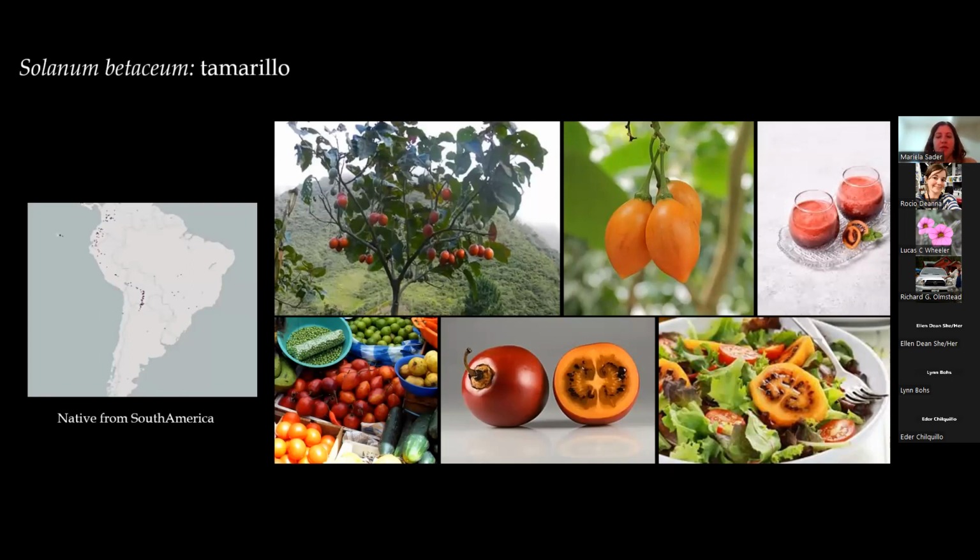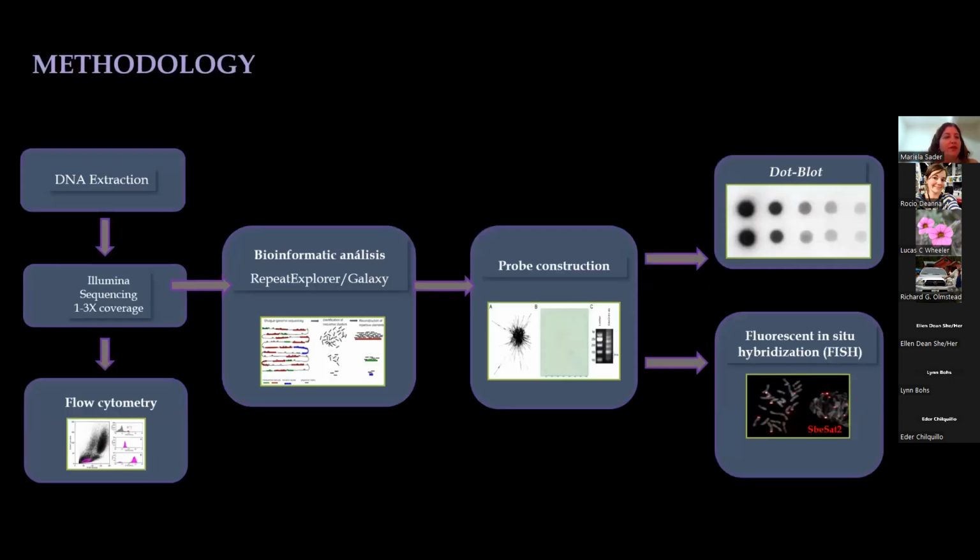Sorry. So our objective in this work was to characterize the repetitive fraction in the genome of the tree tomato and other related species, all of them with giant genomes. For this, we used the following methodology.